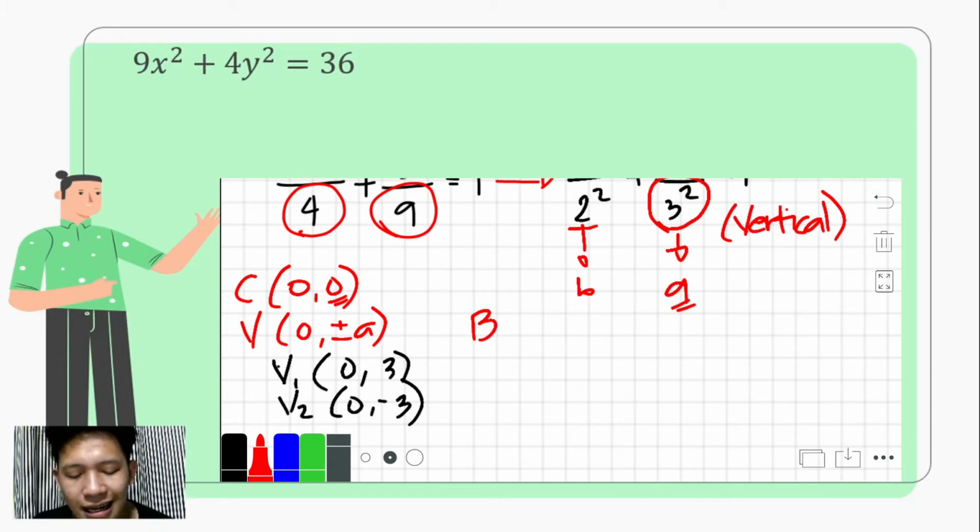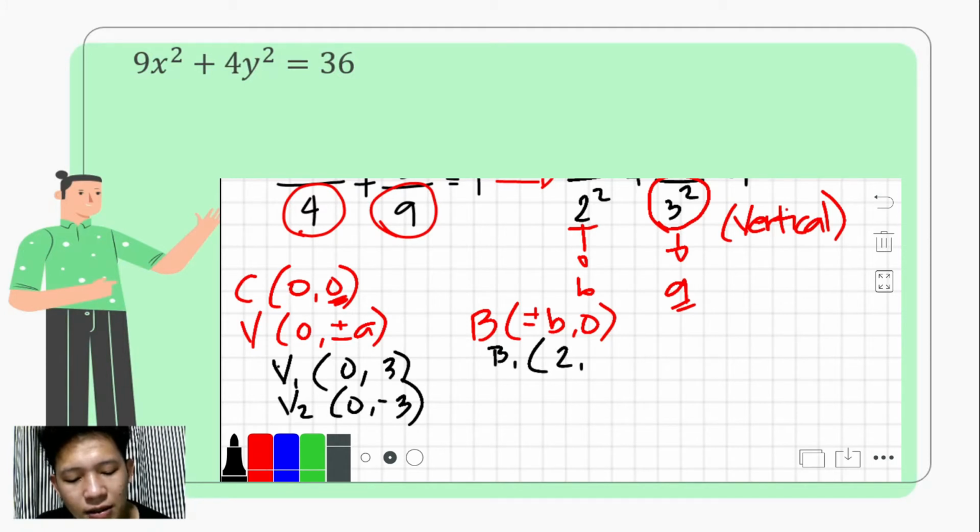So, kung ang vertices natin ay yung y-coordinate ni center yung ginalaw natin, then yung co-vertex natin ay yung x-coordinate naman. So, we'll be having positive or negative b, 0. Hence, our co-vertices would be at positive 2, 0, and then the other one would be at negative 2, 0.